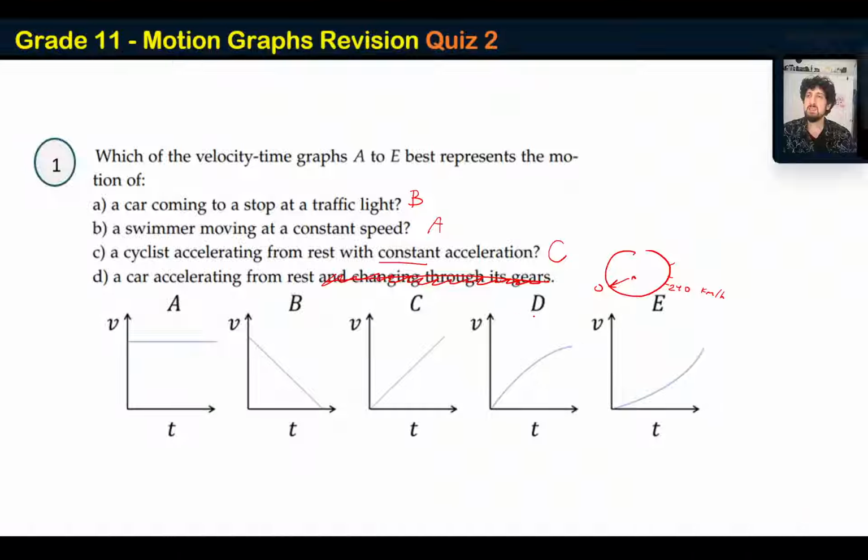What's happening in D, however, is that as time goes by, the acceleration slows down, and we get to a point where the speed just tapers off and stays there. It becomes constant. So that is more correct. So it's actually going to be D for that one. That last one is going to be D.